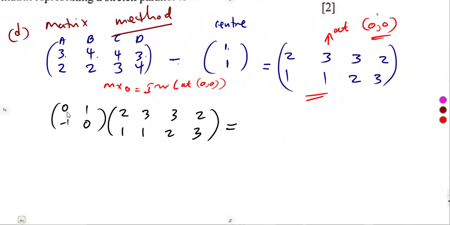So you're going to see, guys, 0 times 2, this is 1 times 1. So the 0 is going to do the same thing. 0 times 3, 1 times 1. So, guys, why waste time multiplying the 0 times 2? Let us just take 1 times 1, which is 1. 1 times 1, which is 1. 1 times 2, which is 2. 1 times 3, which is 3.